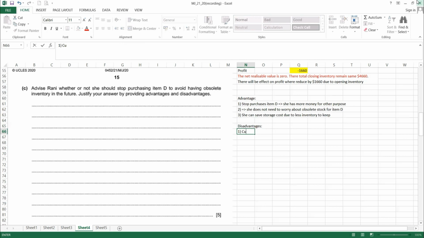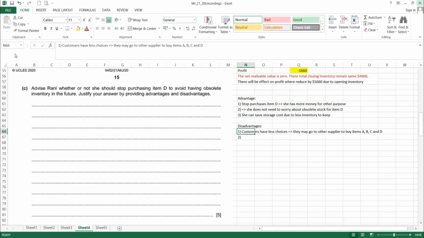Customers have less choices. So what will happen? They may go to other suppliers to buy item A, B, C. So she will lose a customer.